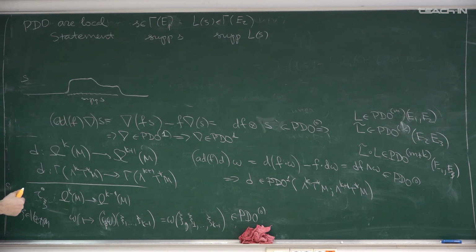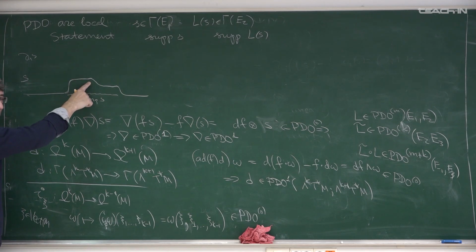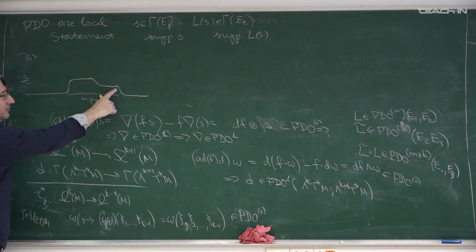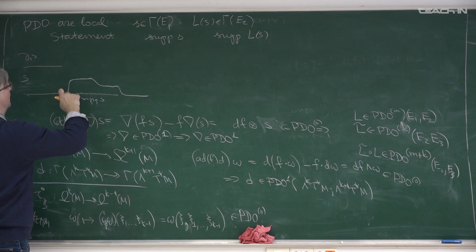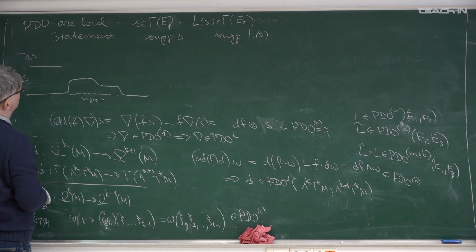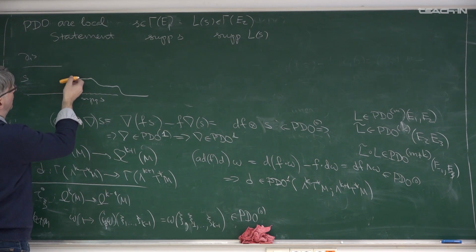What can we say about the derivatives of the section, say d1 of S, how does it behave? Here it's 0, here it's constant, again 0, constant. So we have 0, it goes up and stabilizes. Well, how to write it? Derivative.